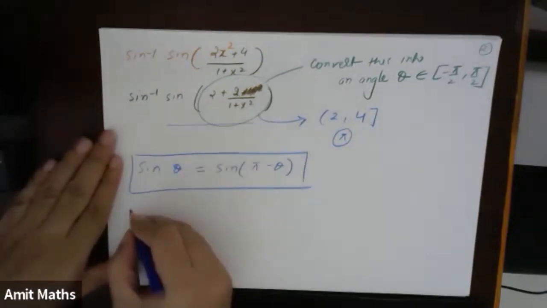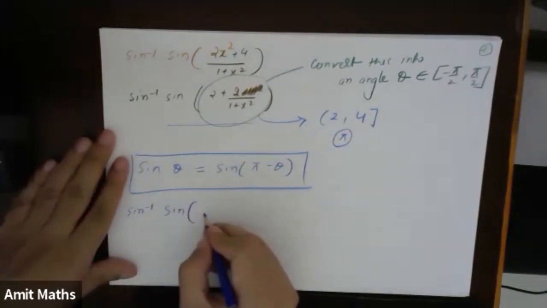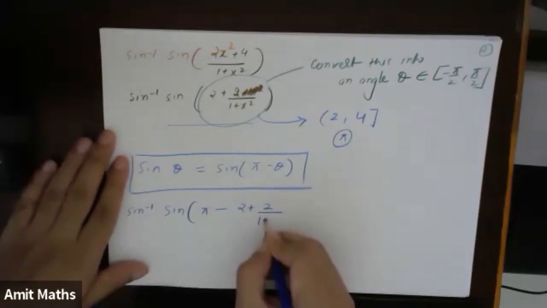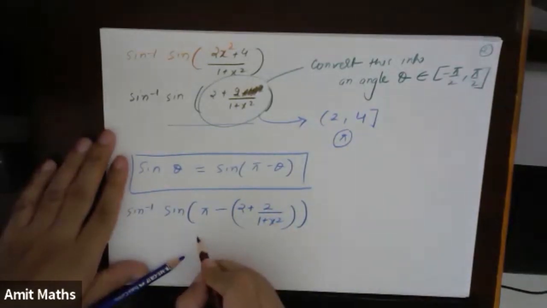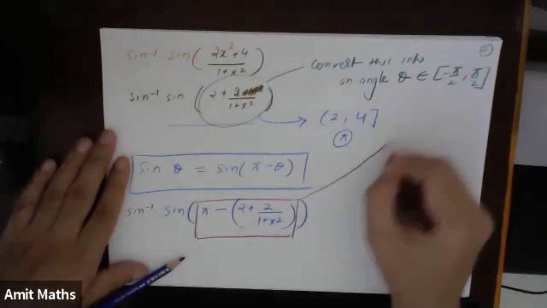So I can write this as sine inverse of sine of pi minus 2 plus 2 by 1 plus x square. Now this whole thing, is it between this range or not?